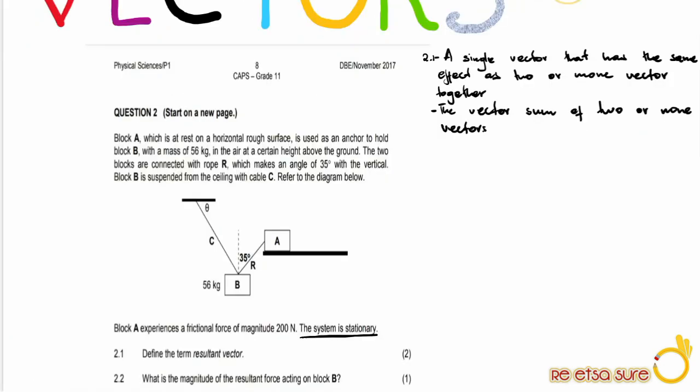So obviously you will get 2 marks for stating a resultant vector either this way or this way.